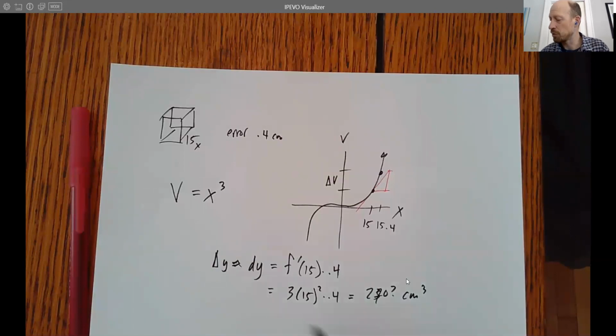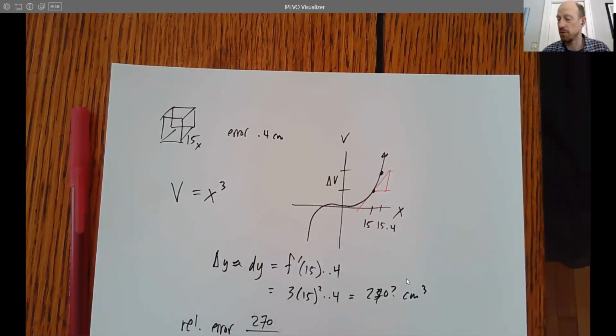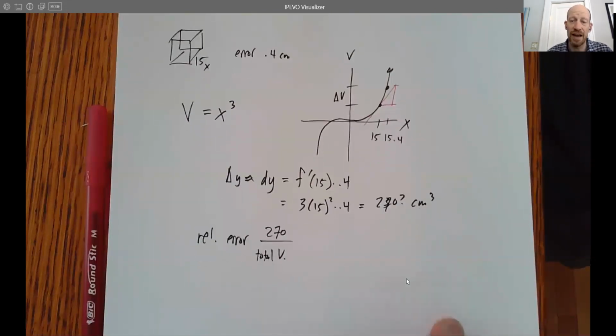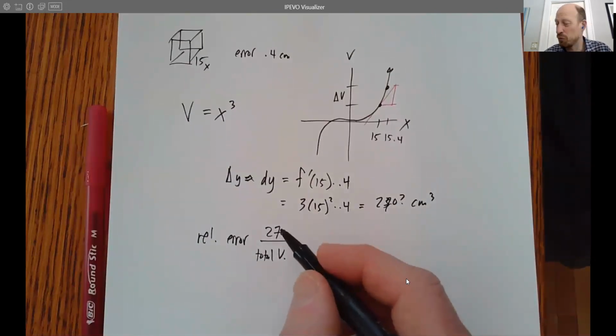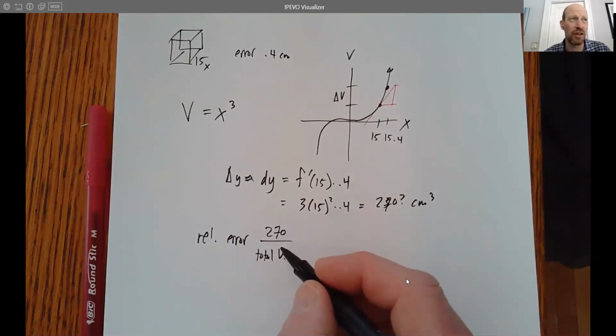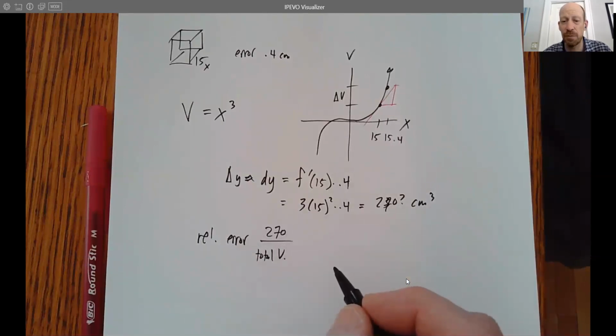So relative error would just be, you take the 270 and divide it by the total volume. Like what's the volume at 15 centimeters? And you divide those. That would relate it to the original. And then for percentages, you just change that to a percent.